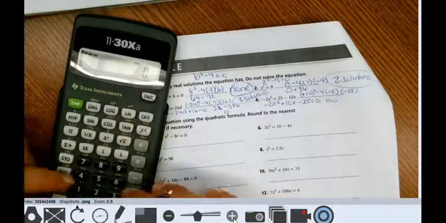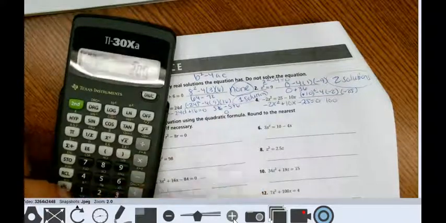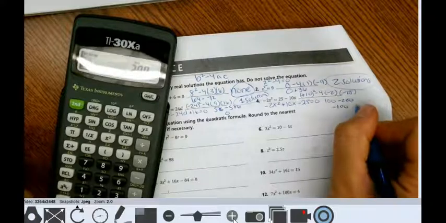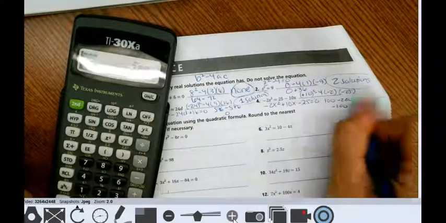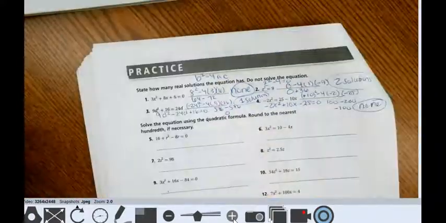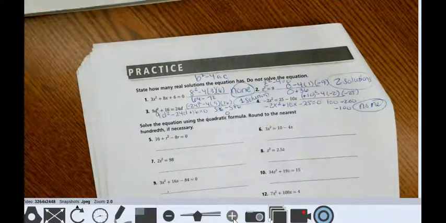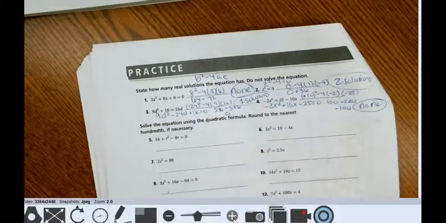Four times 2 times 25 equals, and it's negative. So negative 100. A negative answer is going to be no solution, or none. I'm going to write none. How many solutions? There are none. So I got 0, 2, 1, 0. Does that make sense? Just looking at my discriminant.